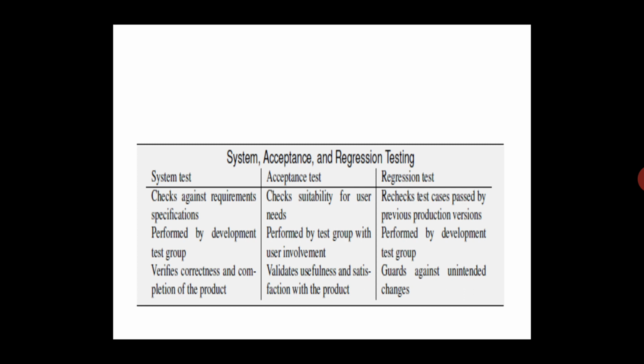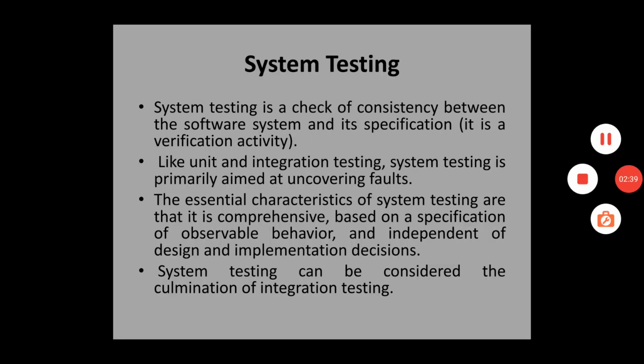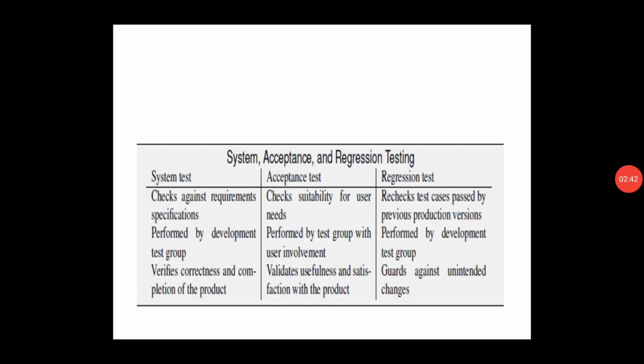Majorly we have unit testing, integration testing, and system testing, but in system testing we also have other approaches, like acceptance testing as well as regression testing. Even though acceptance and regression tests are a part of system testing, we have a clear distinction between these three.